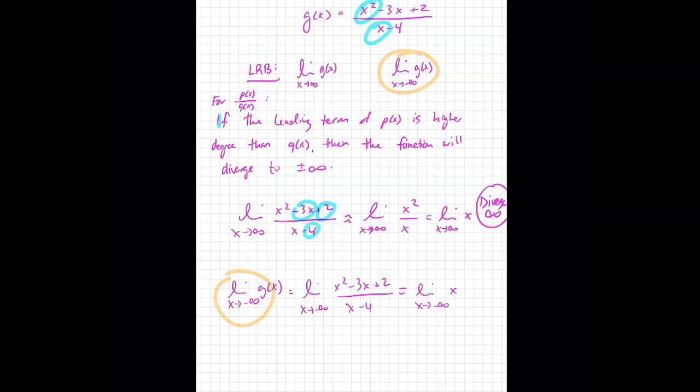And so where is this heading? As x goes to negative infinity, where is x heading? Well, it's going to diverge to negative infinity.